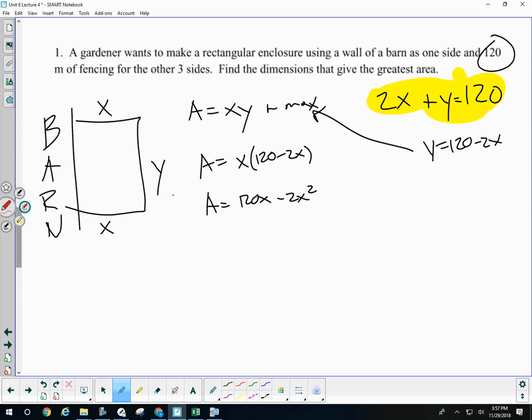In this case, I'll take this derivative with respect to x. Find dA dx, and if you think about it, dA dx, the change in my area with respect to a change in x. I want to figure out when that changes from like positives to negatives, because I want the area to be the greatest, which means the change in area goes from positive to negative, which means the area is going from increasing to decreasing.